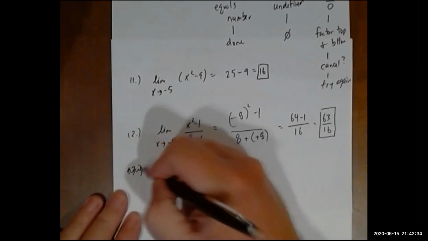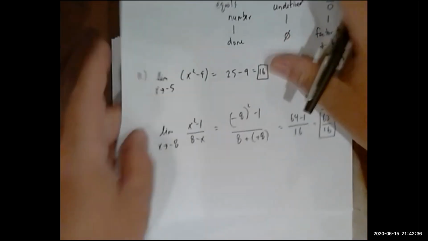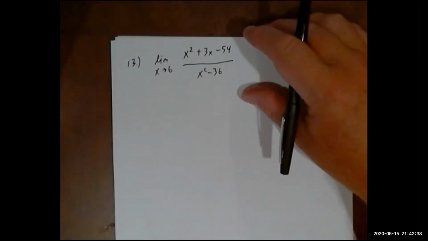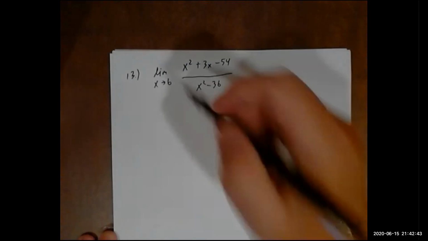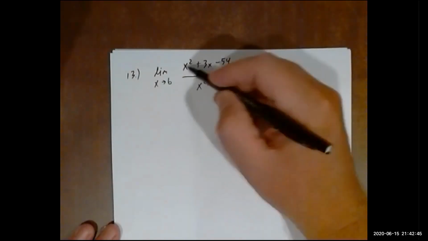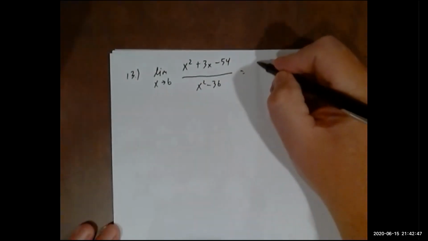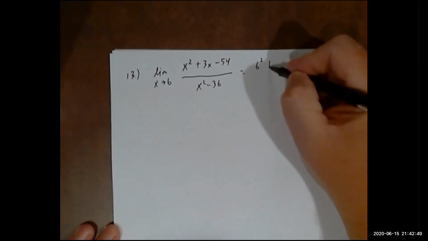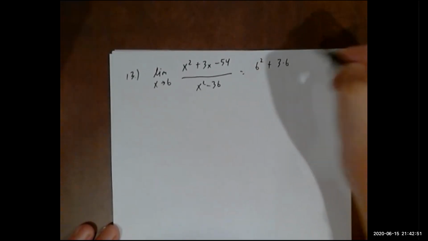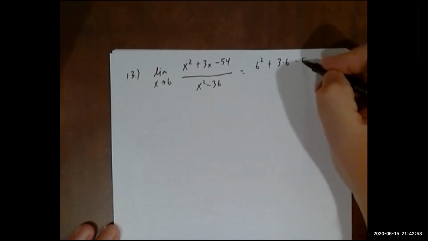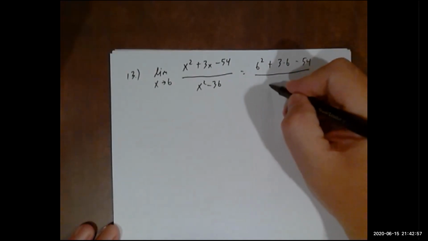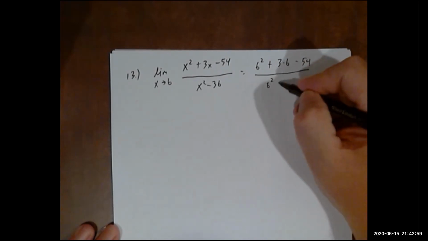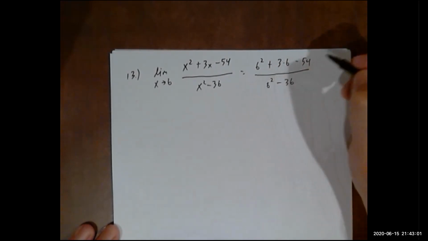I've already written down 13 on this next page. First thing you do is plug in 6 for x and see what happens. 6 squared plus 3 times 6 minus 54 over 6 squared minus 36.